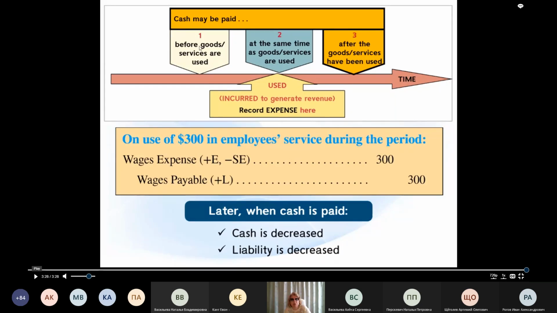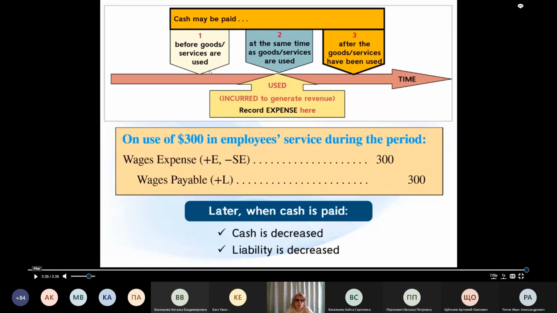If we take cash payment before goods and services are used, we should recognize the decrease in cash and an increase in special types of assets. It depends on the content of the transaction. It could be supplies, equipment, or some other prepayments necessary for the business.